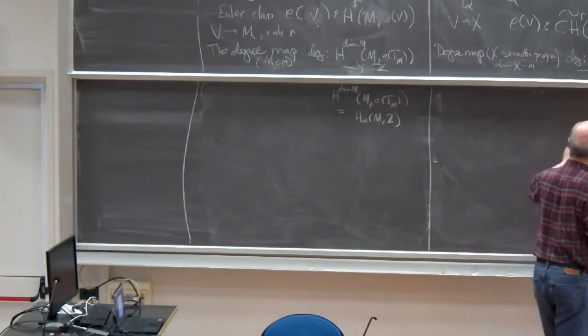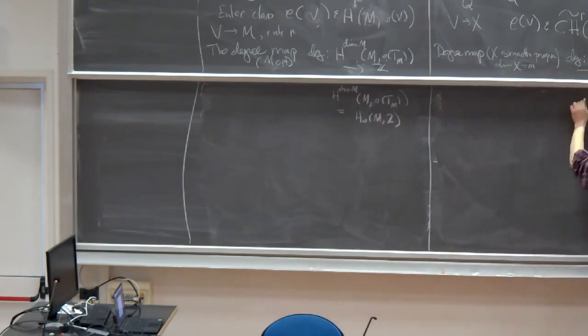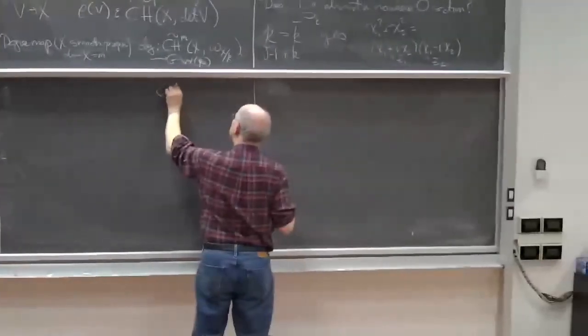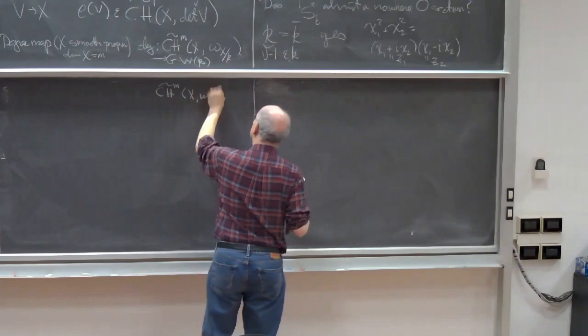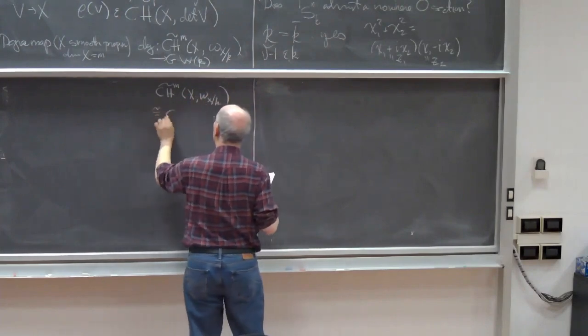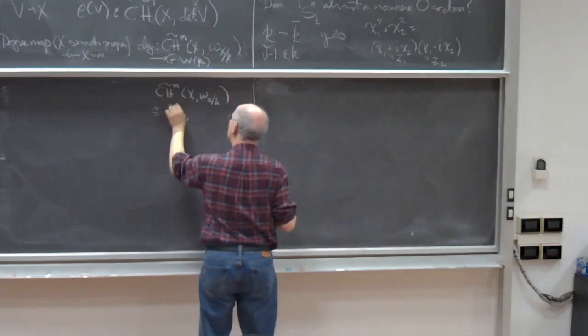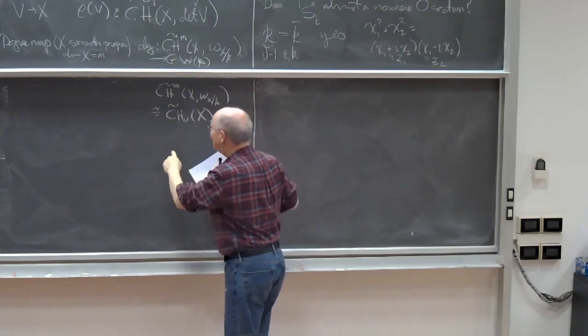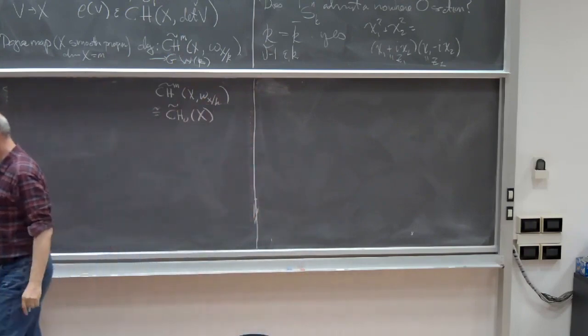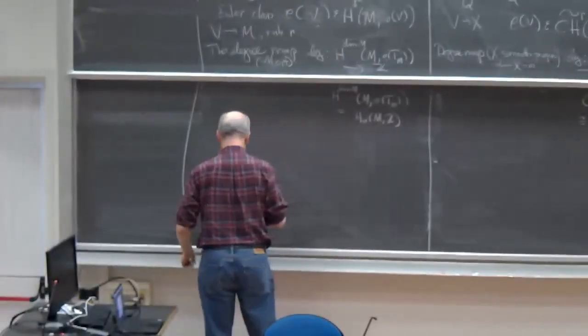And here, you have similarly a Poincare duality isomorphism. This Chow-Witt group is, by Poincare duality, this thing here, and it has a fairly concrete description.